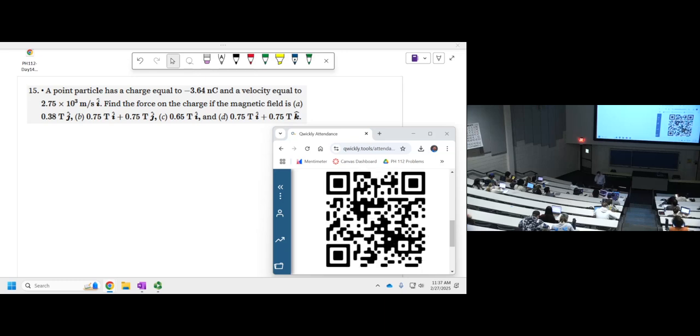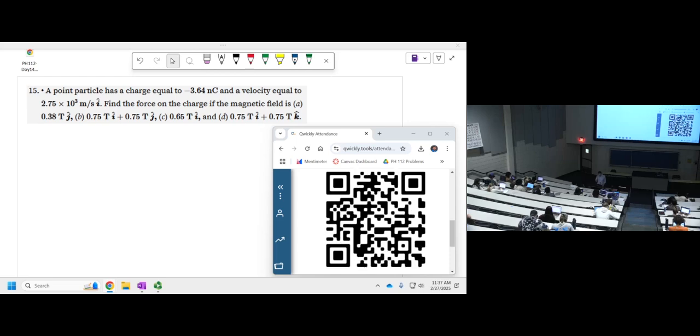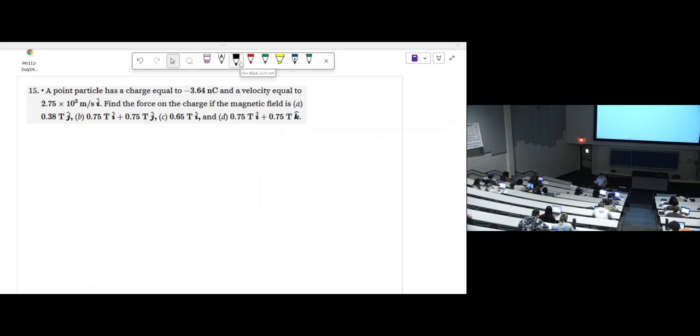Find the force on the charge if the magnetic field is 0.38 Tesla in J, and then you've got various combinations thereafter in B, C, and D. So let's do that really quickly. If you want to find the magnetic force, don't forget that magnetic force F is equal to Q times V crossed into B.